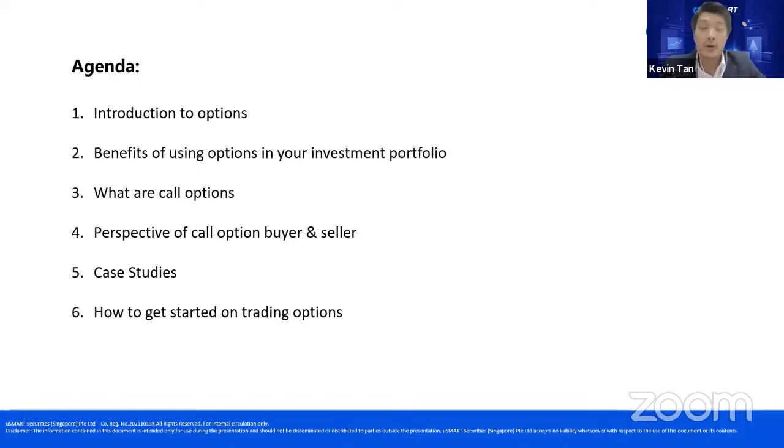Today we will cover more on core options, and we will take the perspective of both the buyer and the seller. We also share with you some case studies on how you can actually execute the trade using very practical methods. Lastly, I would like to actually share with you how you can get started on your option journey as easily as possible.